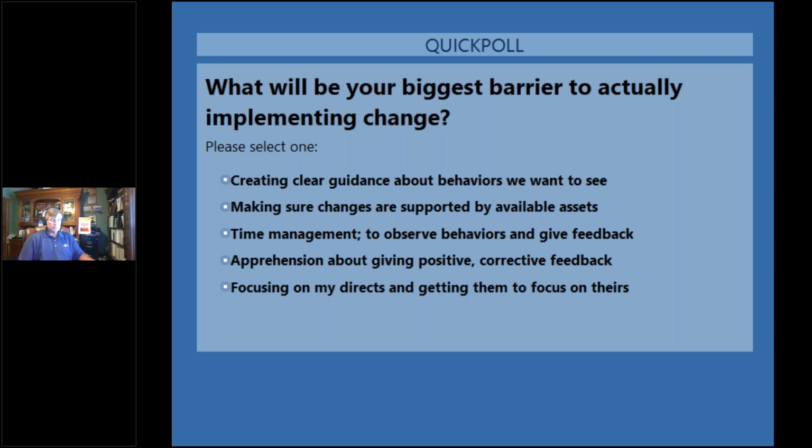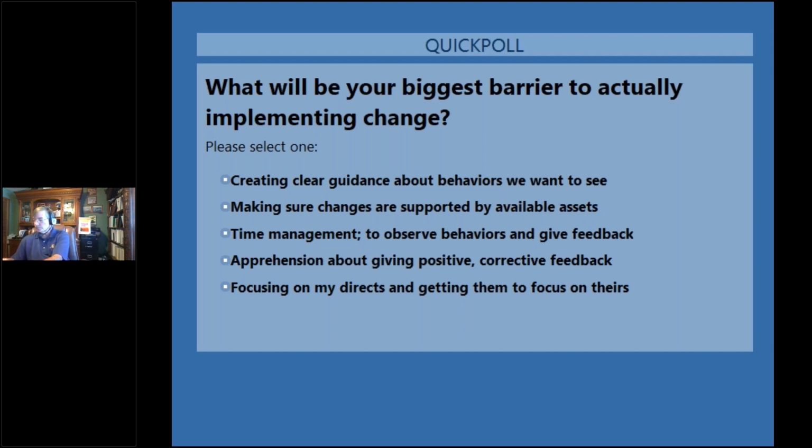And we'll give you a little bit more time on this one, just because there's some reading to be done. Our question here is, what will be your biggest barrier to actually implementing change at your facility? Again, select just the one that you think is your biggest barrier. Is it creating clear guidance about the behaviors that you want to see?